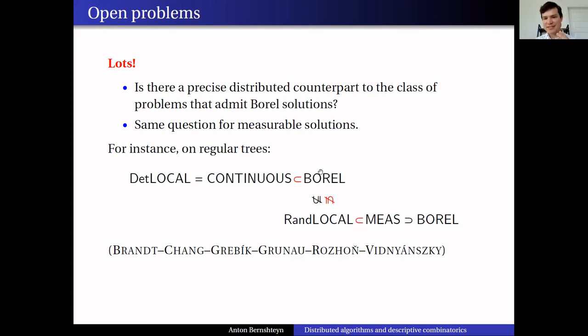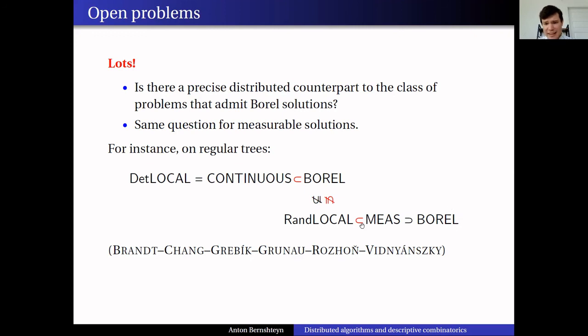Some problems belong to this class and not the other, and vice versa. And of course, this also shows that there are problems that have measurable solutions but cannot be solved by a randomized local algorithm. So this is what we know, and we don't really understand how to precisely locate the Borel and measurable classes in the distributed complexity world.